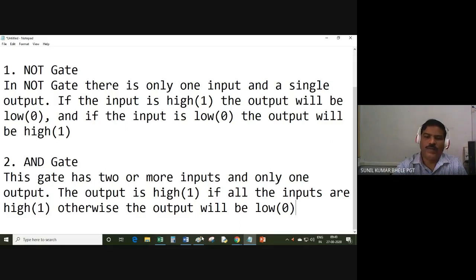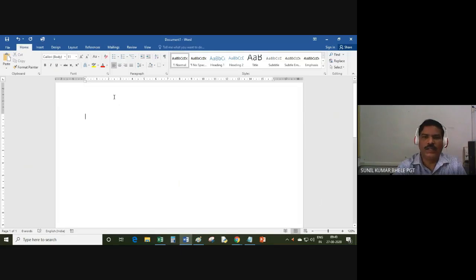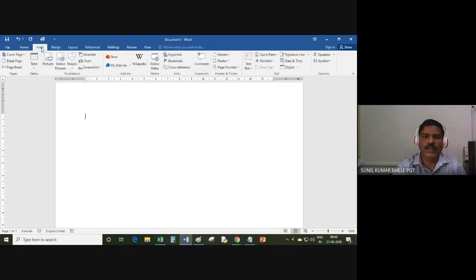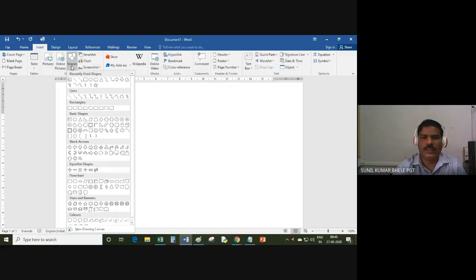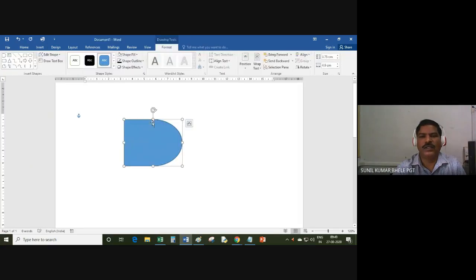So what is the symbol? I am drawing the symbol in Microsoft Word because Microsoft Word has a feature for designing symbols. So I will select one symbol, this. In your notebook also you can draw this type of symbol.